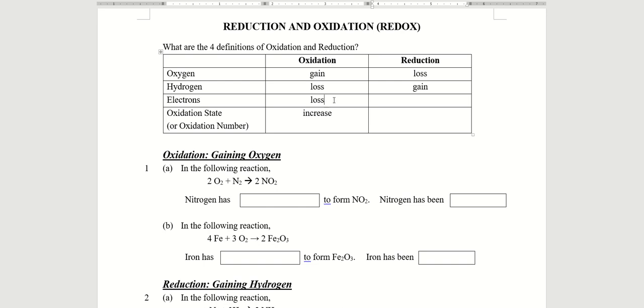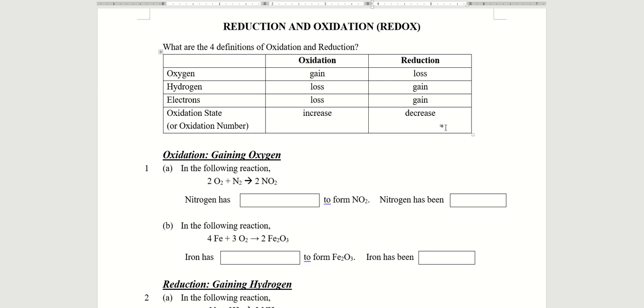Oxidation is a loss of electrons, therefore reduction would be a gain in electrons. And in terms of oxidation state, where oxidation is an increase of the oxidation state of a substance, reduction is defined as a decrease in the oxidation state of a substance.